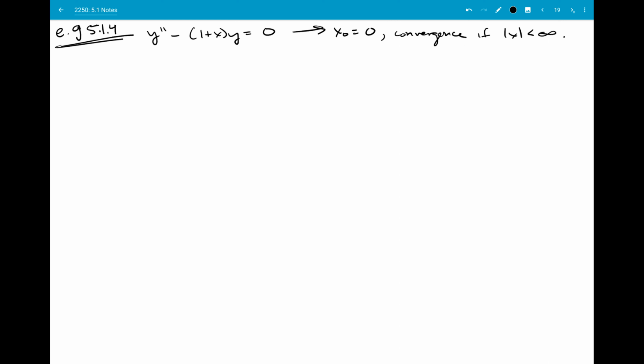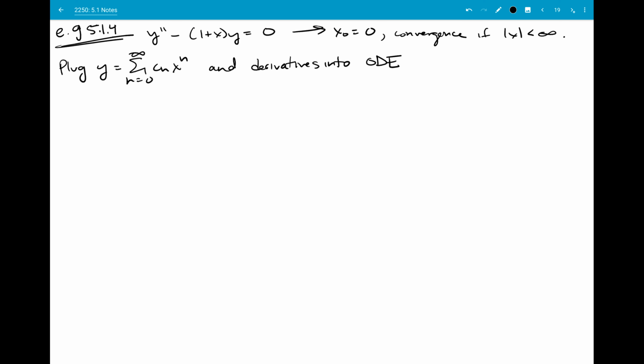Sorry to breeze right through that, but this problem is going to be long, and already the videos for this section are very long. So we're going to go right to plugging stuff in. We're going to plug y equal to the sum from n equals 0 to infinity, c_n x to the n, and derivatives into our ODE.